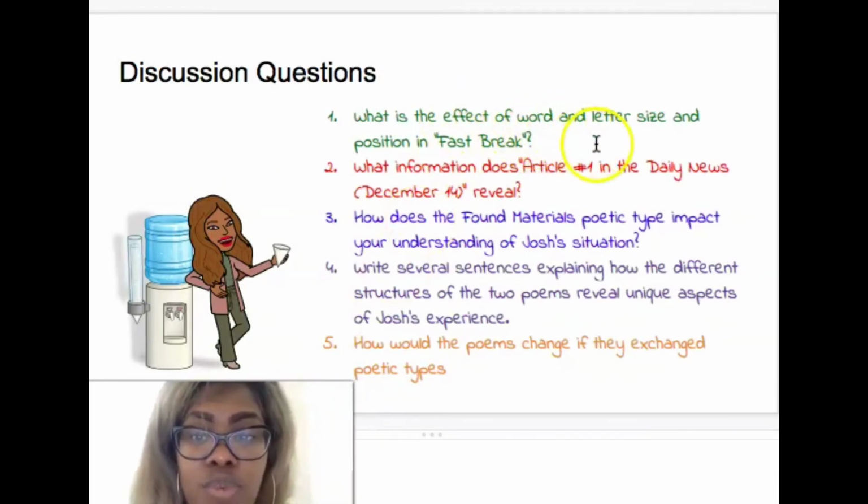What is the effect of the word and letter size and the position of Fast Break? What information does article number 1 in the Daily News reveal? How does the found materials poetic type impact your understanding of Josh's situation? And write several sentences explaining how different structures of the two poems reveal unique aspects of Josh's experience. How would the poems change if they exchanged poetic types?